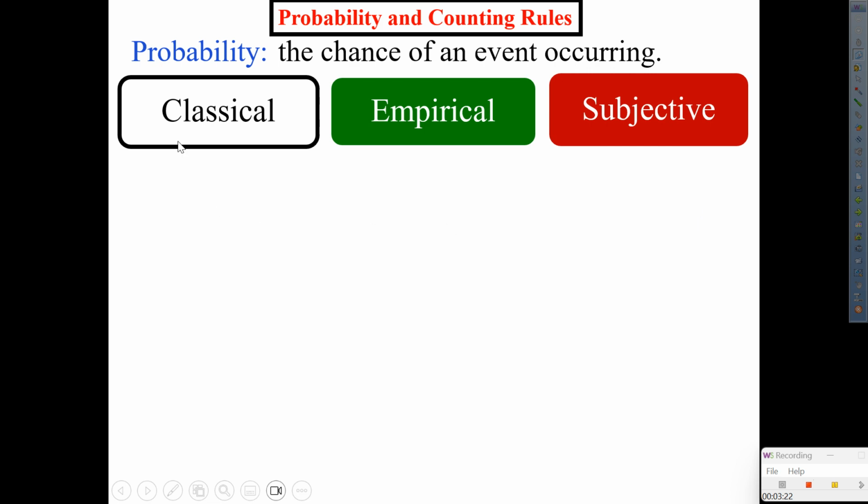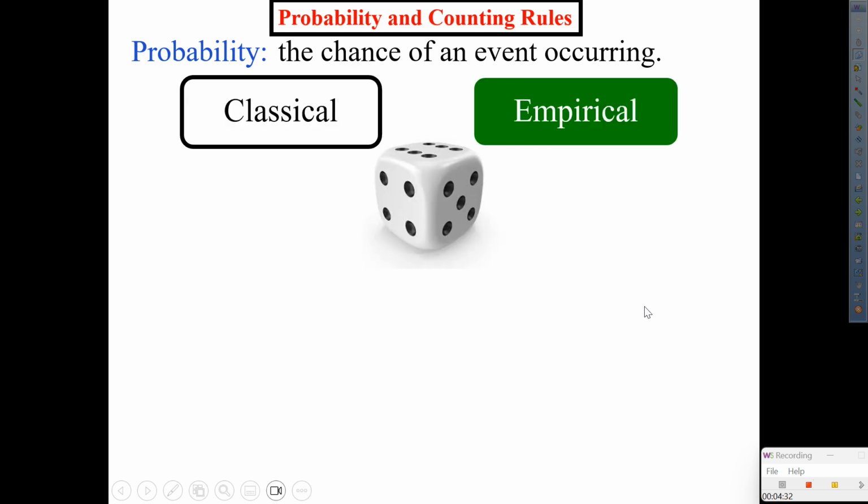Fernando. So classical is pretty much default or theory. Empirical needs to collect data by experience, okay? Subjective is personal opinion, which is the one that's least used because it is not accurate, okay?